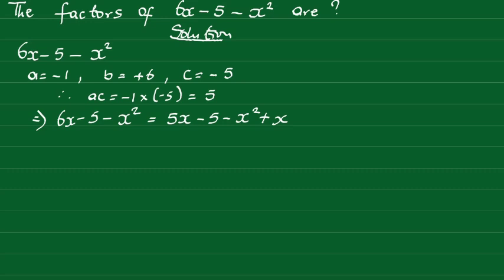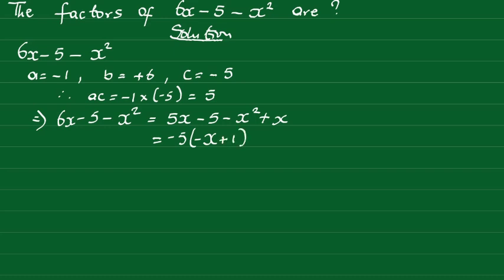Now, proceed further to factorize out minus 5. We factorize out minus 5 from 5x and minus 5, and we end up having minus 5 bracket close, minus x plus 1.